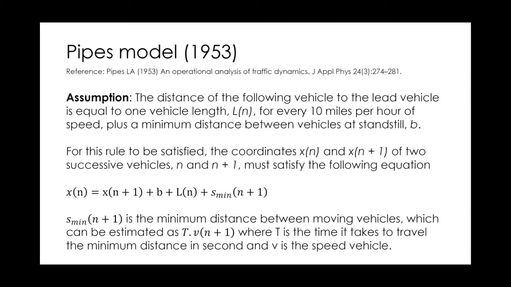The Pipes model is actually a very old model. It was introduced by a scientist called Pipes in 1953 in a paper that he published in the Journal of Applied Physics. Look, a very interesting journal. It's a physics journal because, as we talked about, many of these car following and vehicle motion problems fall in the general kinematic physics, right?